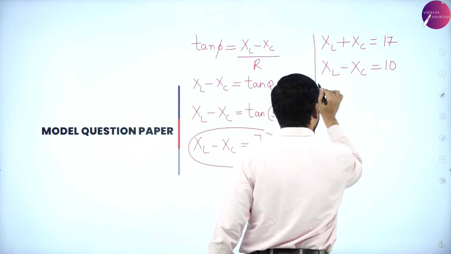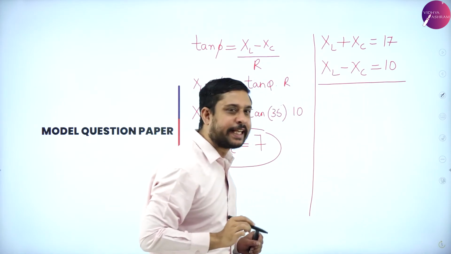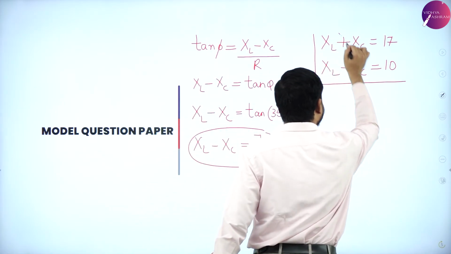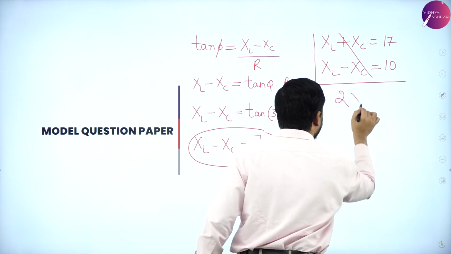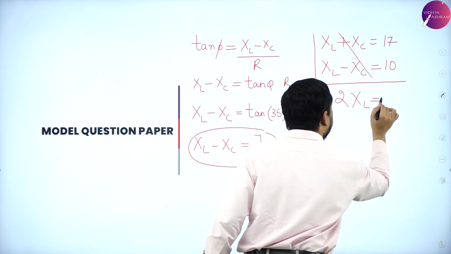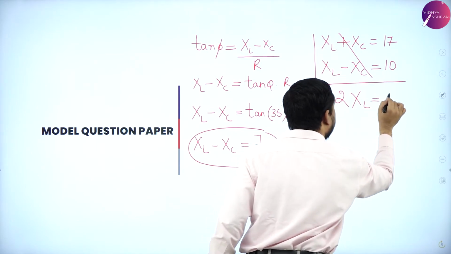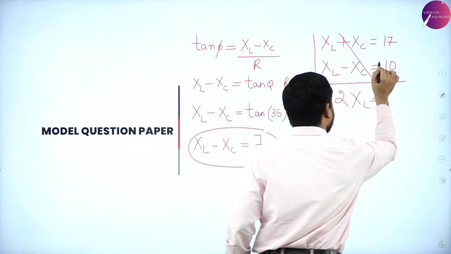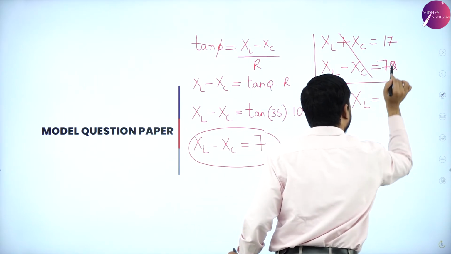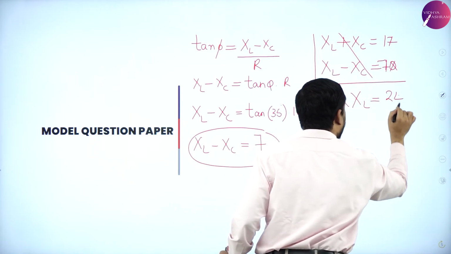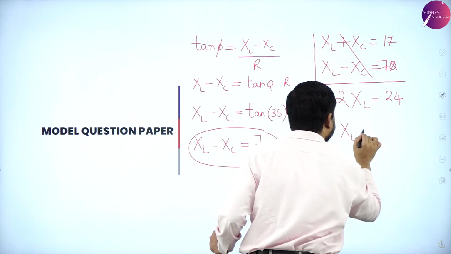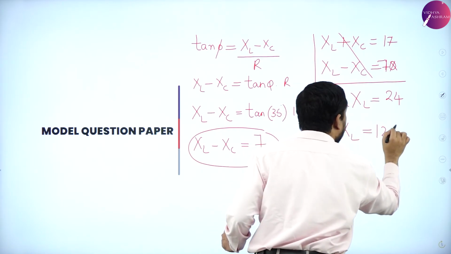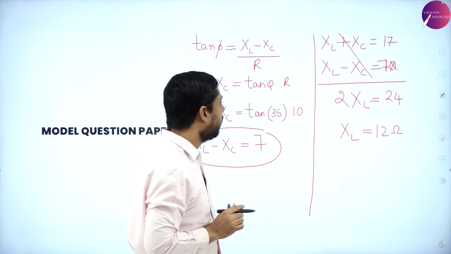So here, on simplification, XC cancels. 2XL is, when we add up, 24, or XL is 12 ohms.